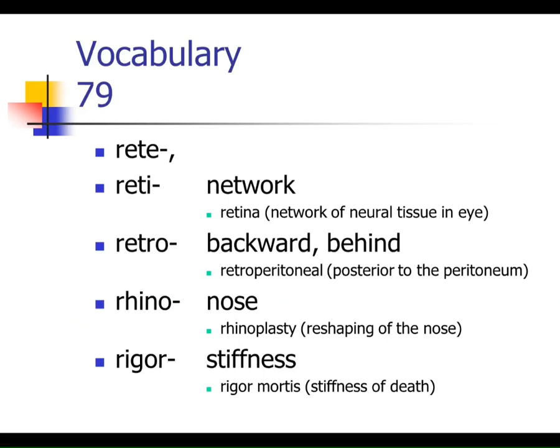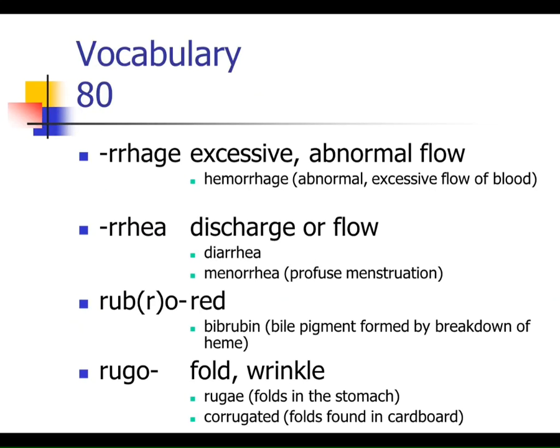Rigor, stiffness, rigor mortis, remember the stiffness that follows death. Rage, excessive flow or abnormal flow. A hemorrhage would be an excessive flow of blood, right? Rhea is also a discharge or a flow. Diarrhea, what is that?